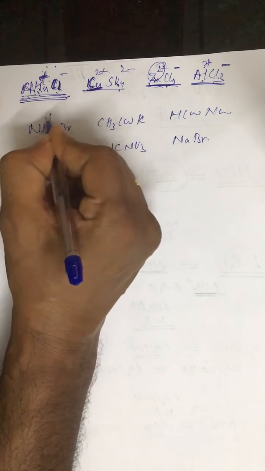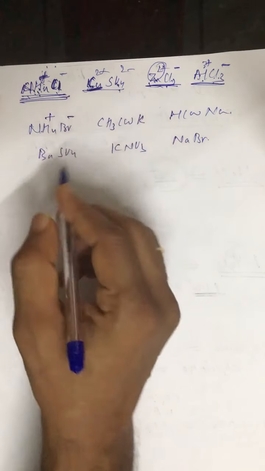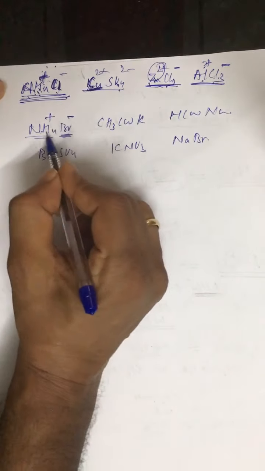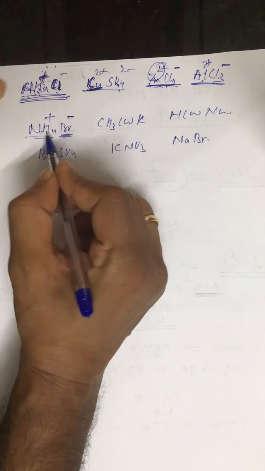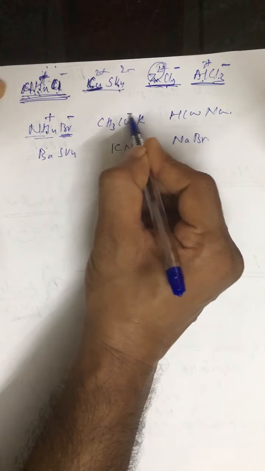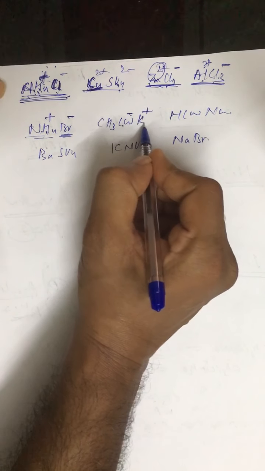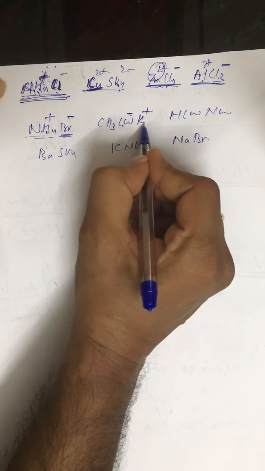Look at these cases. NH4 positive, it is a weak base, and Br negative is strong acid, HBr. So obviously the aqueous solution is acidic, and reason is hydrolysis of NH4 positive. Acetate negative and K positive, it is from weak acid, acetic acid, and K positive, KOH, strong base.